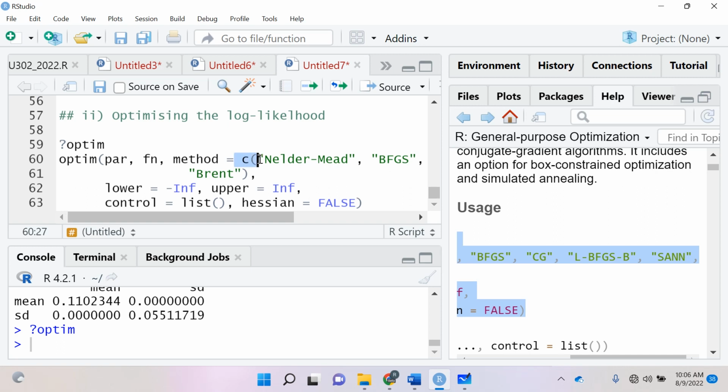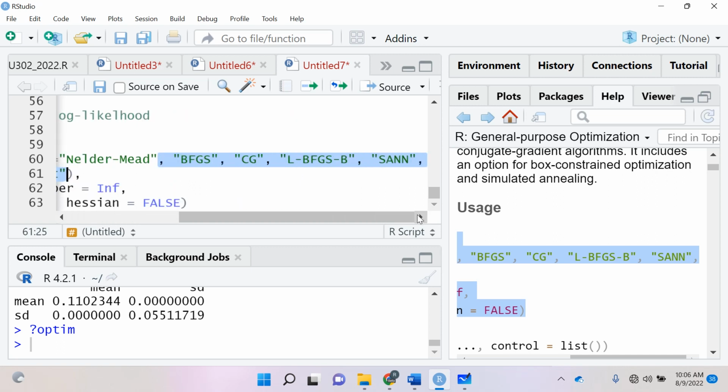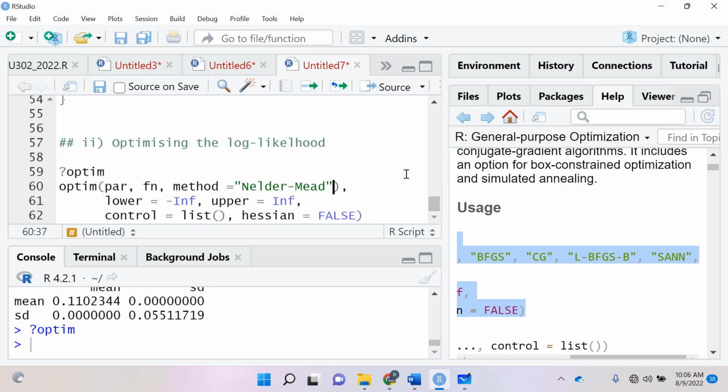So maybe we should first use the first one. If you want other ones, you change it. The other ones are BFGS, CG, and simulated annealing, which is SANN, and so forth. Yeah. If you need it, you just bring it back.